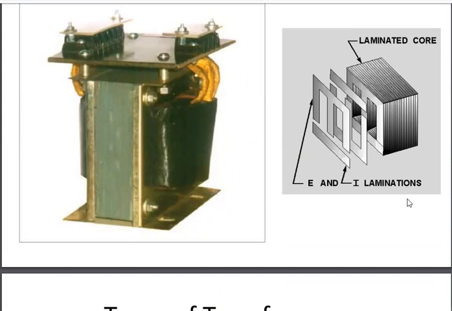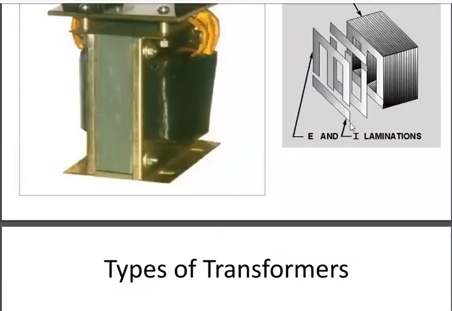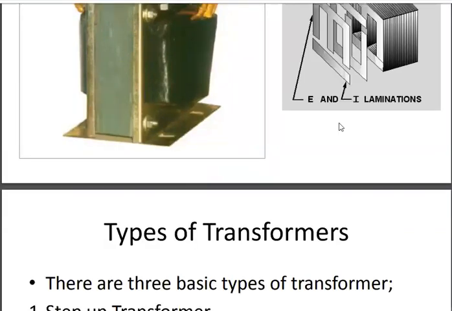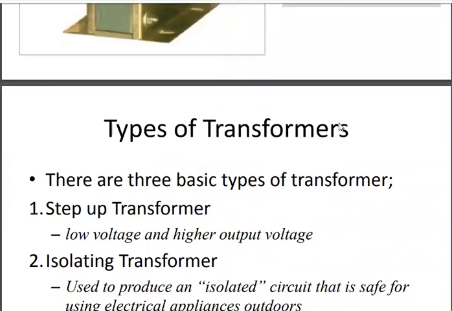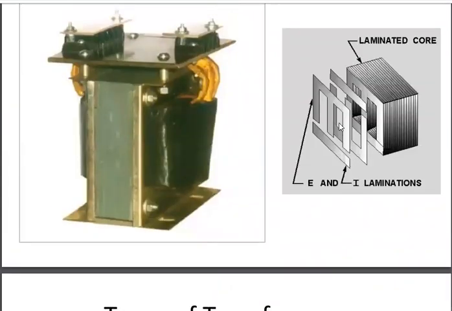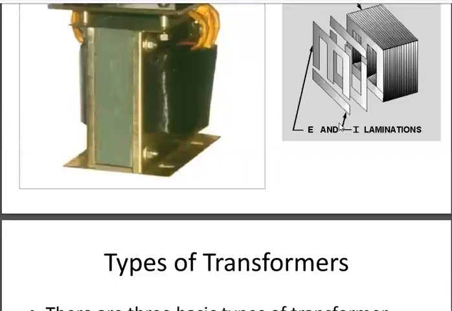So this is the laminated core, and these two make the two plates separated from each other without being in electrical contact or physical contact, to avoid the heating effect in the transformer and to increase the efficiency of the transformer.